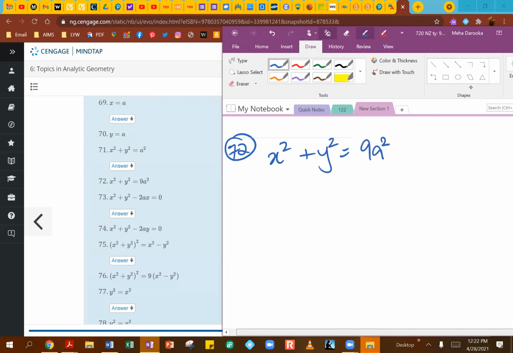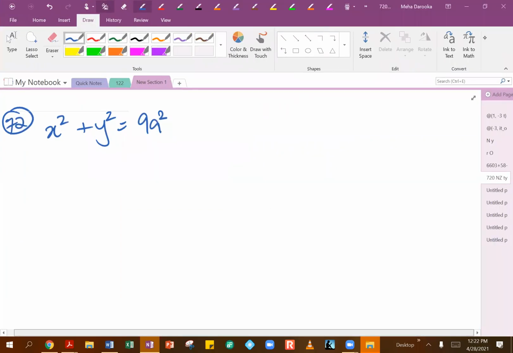Remember, your equation has to be in the form of r equals something, like we did in the previous one. If you look at the equations we have defined, r squared is x squared plus y squared. So you can take this side where you have x squared plus y squared and replace it with r squared, and you end up with r squared equals 9a squared.